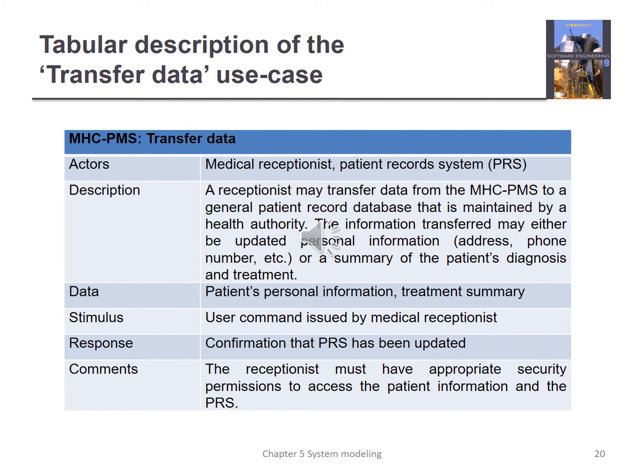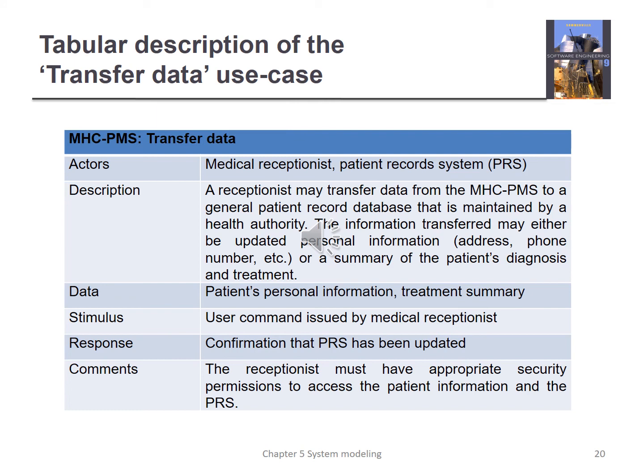The information transferred may be either updated personal information, such as address and phone, or a summary of the patient diagnosis and treatment. Data is, of course, patient personal information or treatment summary.